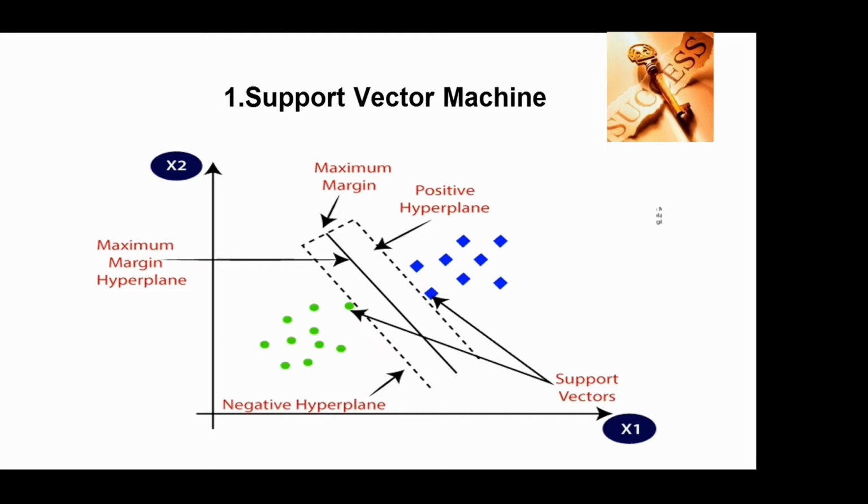In this image you can see that this blue dot is close to this first line. This is your hyperplane. What is the meaning of hyperplane? The hyperplane tells us that blue data items are on the positive side and green data items are on the negative side.